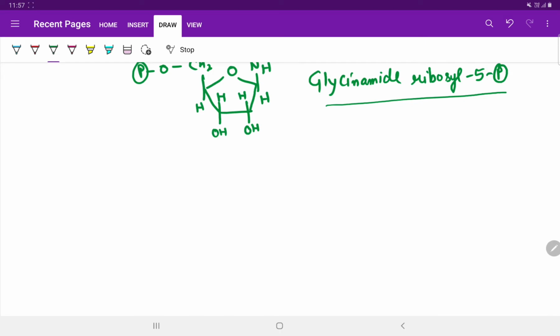So now comes the role of the formyl transferase enzyme that leads to the addition of a formyl group from THF, and a THF is left out.